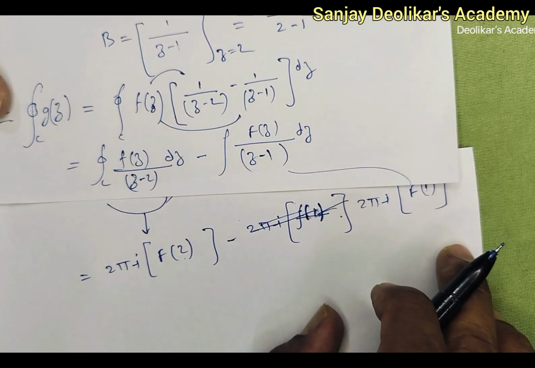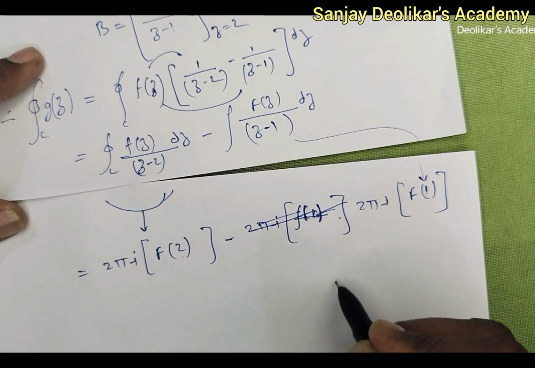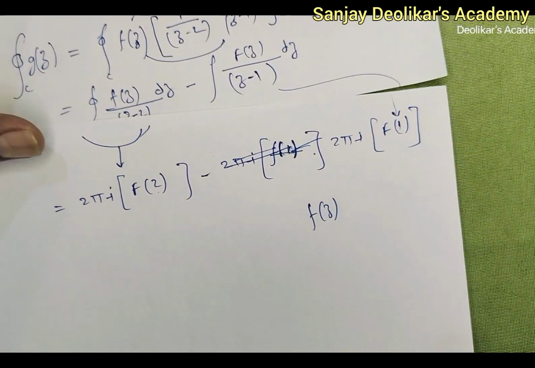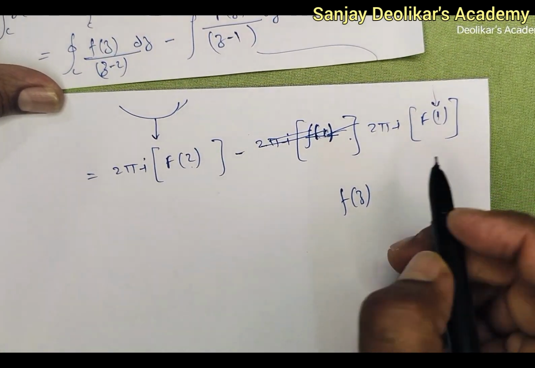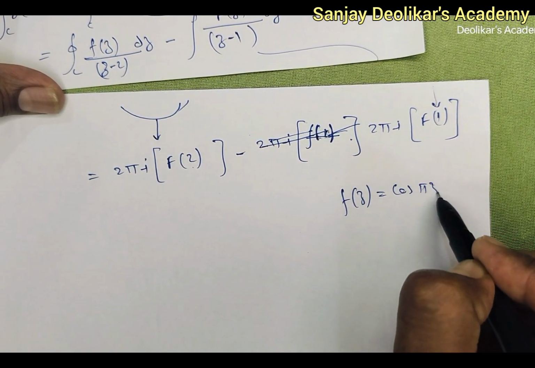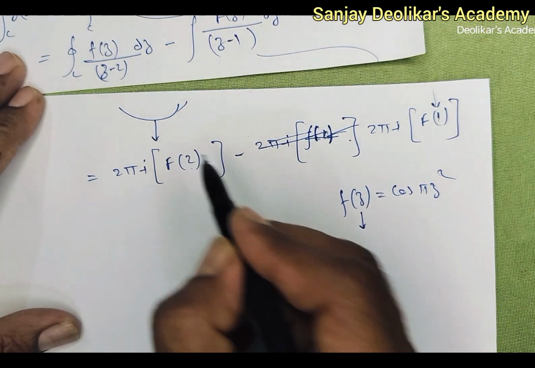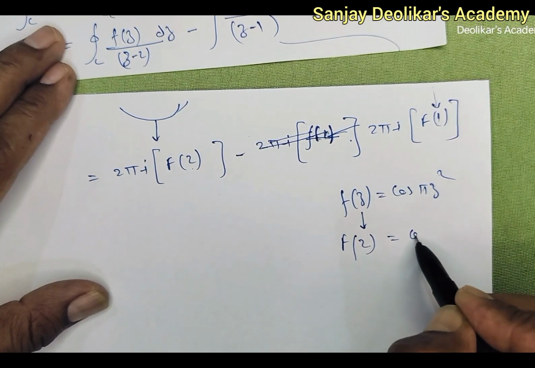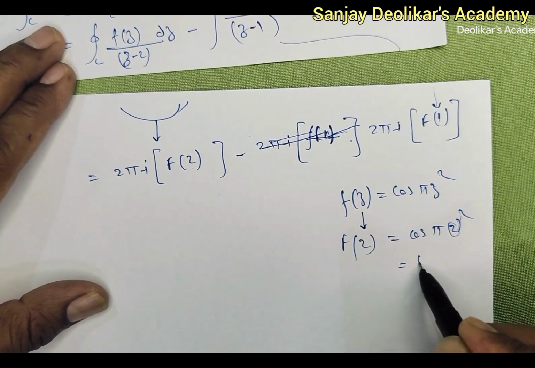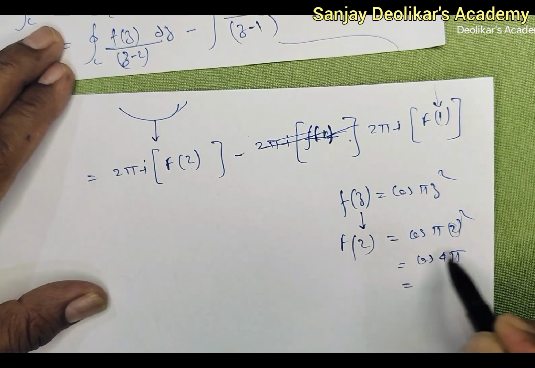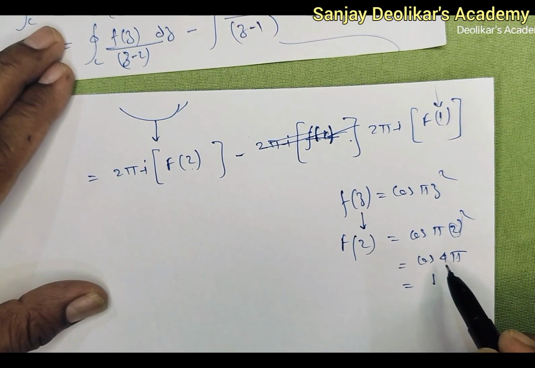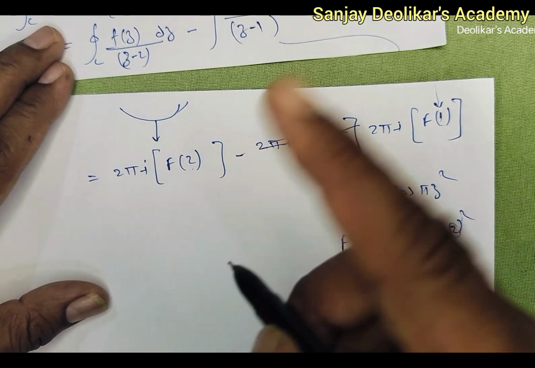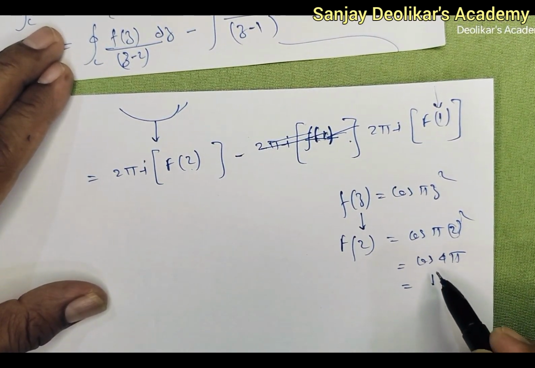We know that f of z is cos pi z square. If you replace this z by 2, f of 2 will be cos of pi times 2 square, so cos of 4 pi, and cos of 4 pi is 1. 2 pi, 4 pi, 6 pi, even multiples of pi, that is a complete rotation, so it will be 1.